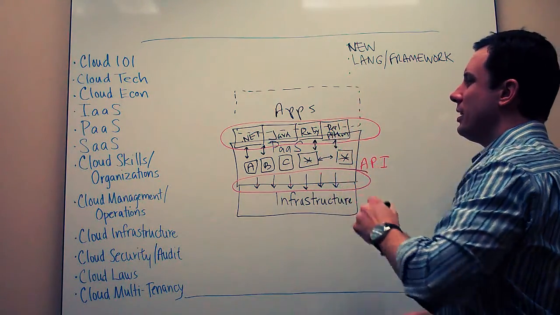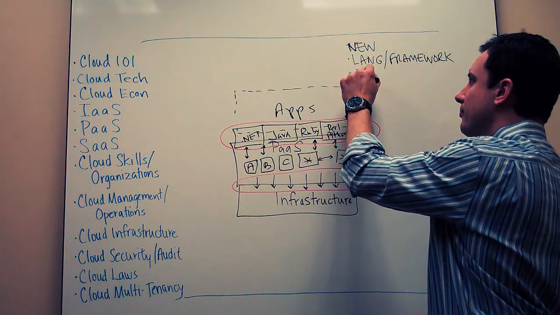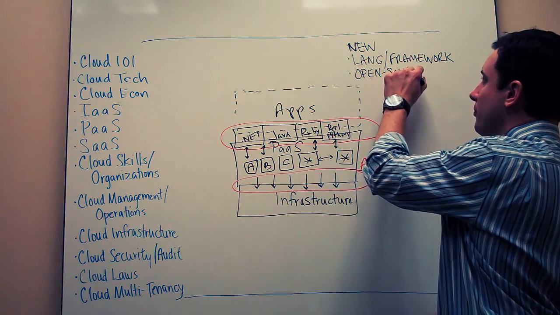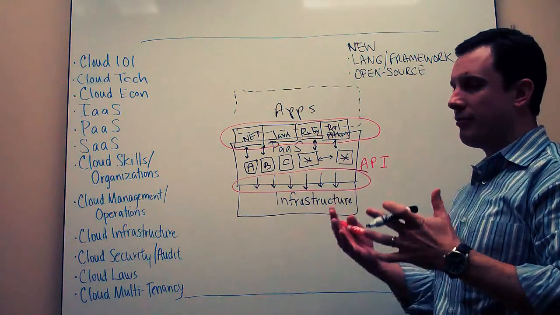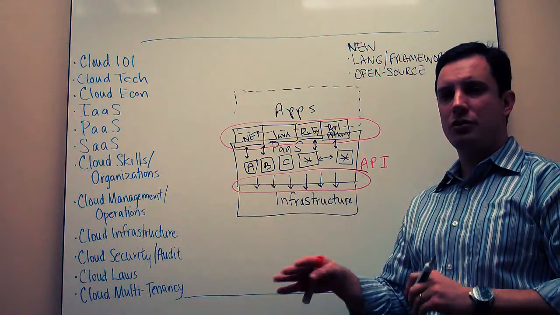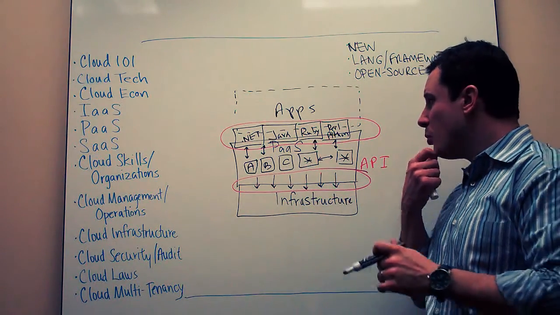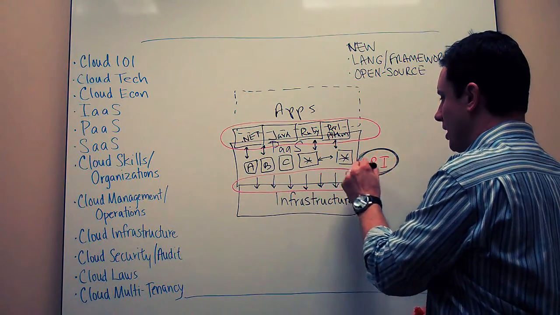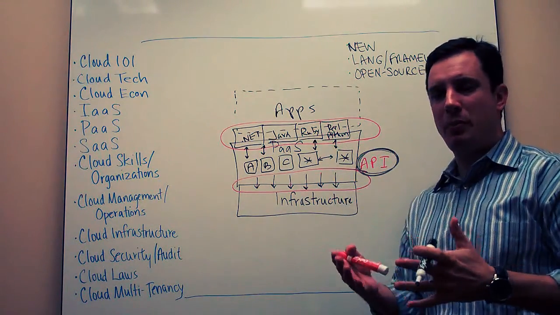They want to know, is this open source or is this closed source? And there's benefits to both, right? Some application PaaS frameworks are open source, things like Cloud Foundry. Others are more closed in what they do, but ultimately they both have ways to have these APIs be able to access what happens within the PaaS.